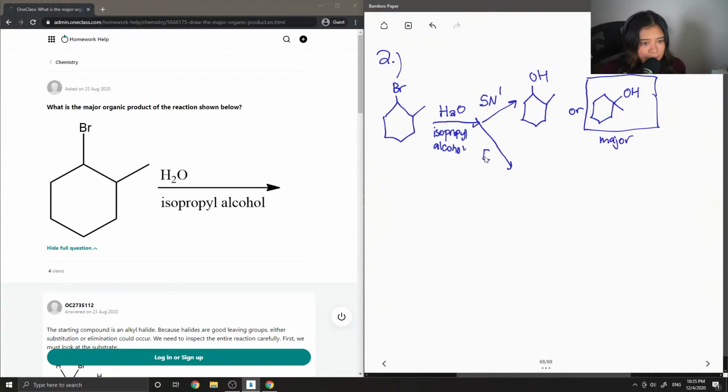But the second product that you could get is through elimination. And basically this is when a double bond is formed. Okay, so I'll just note this is the substitution. And then this one was through elimination.